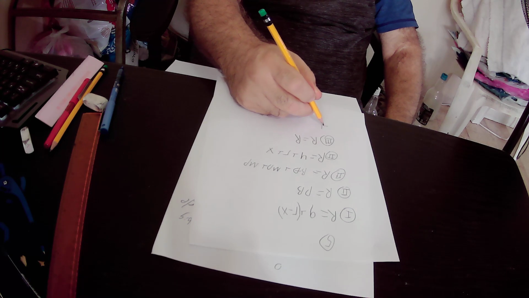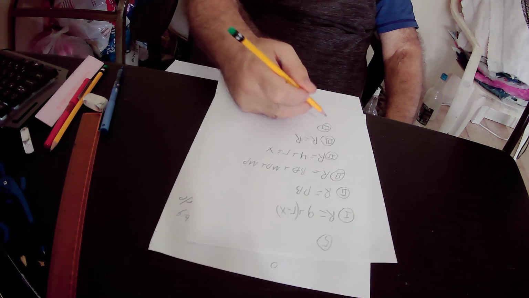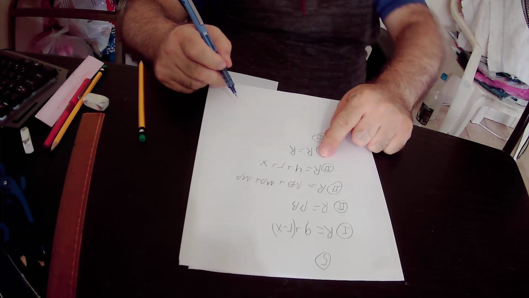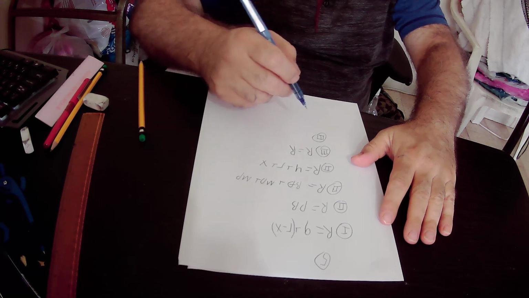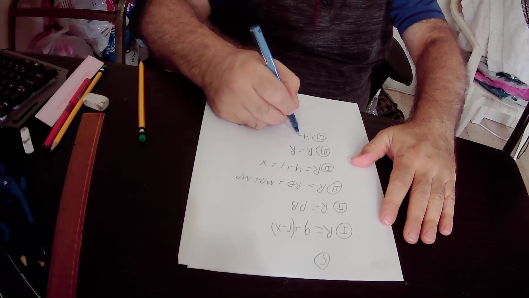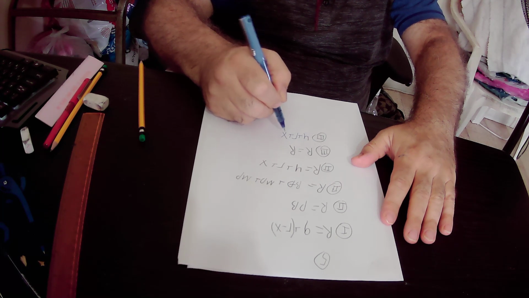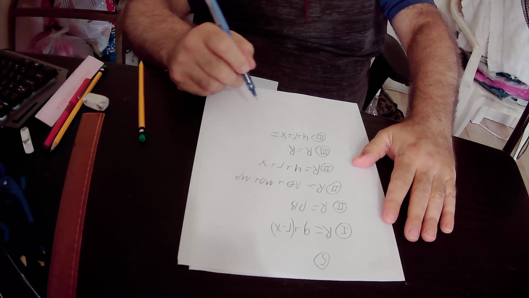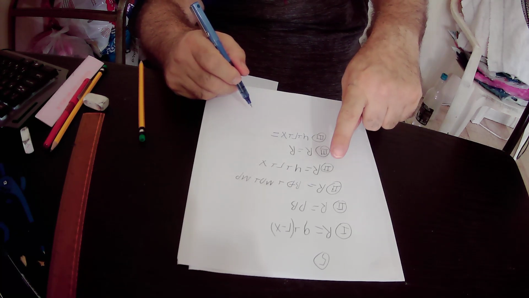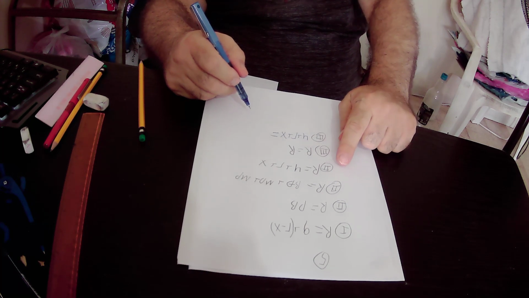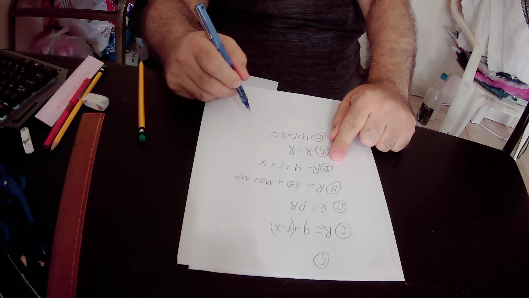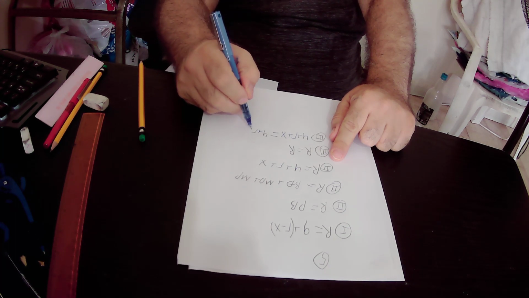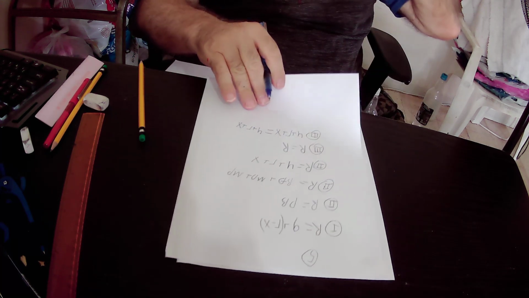Capital R according to the first equation equals 4 plus small r plus x, and all equals capital R as we calculated it in the second equation, which is 4 plus small r plus x.